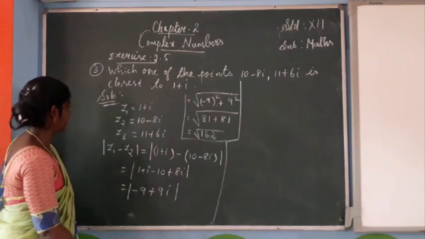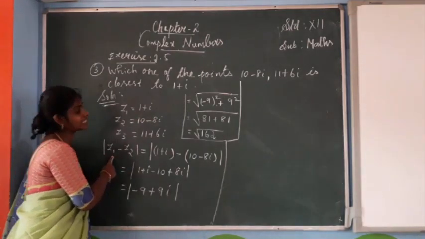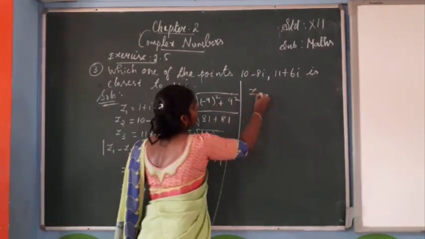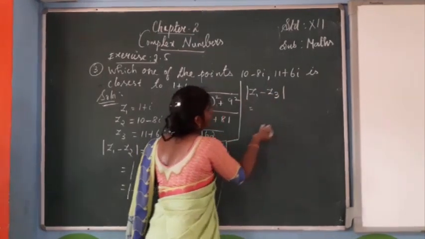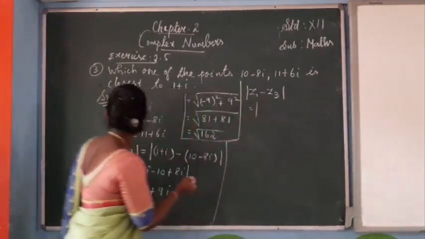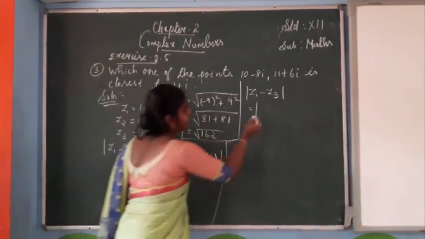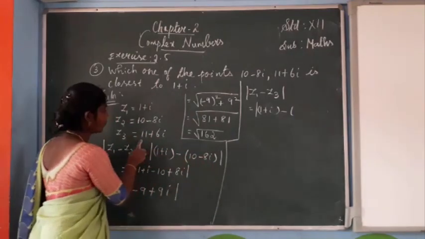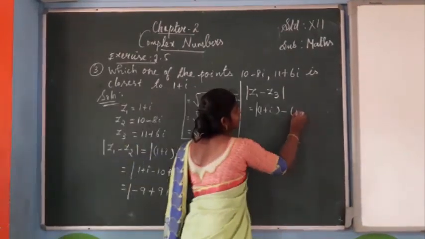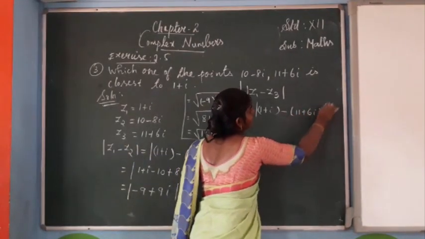Then we can find the value for Z1 minus Z3. That's equal to modulus of Z1 value 1 plus i minus Z3 value 11 plus 6i.